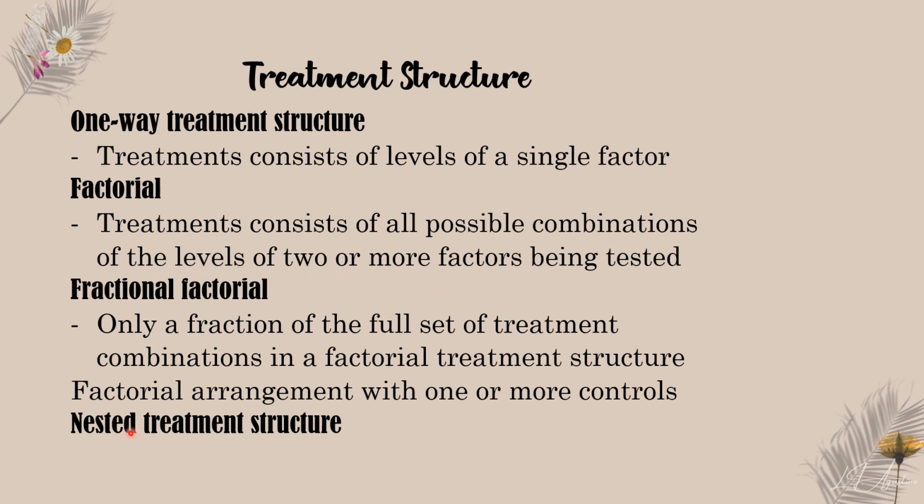So I will not discuss this one, but for you to be aware for your background, fractional factorial, you also have only a fraction of the full set of treatment combinations in a factorial treatment structure. We also have nested treatment structure, but I won't discuss the fractional and the nested treatment structure. You can study it independently.